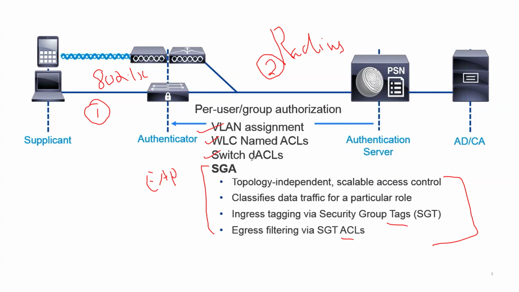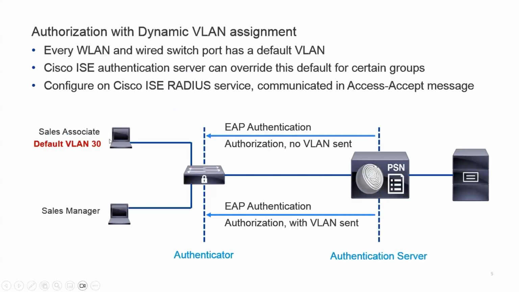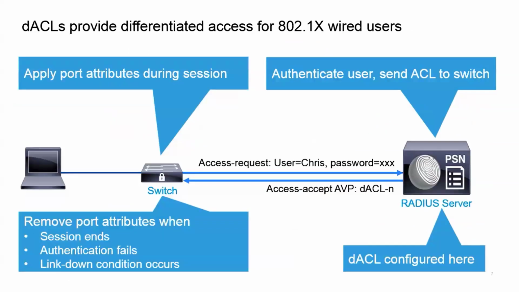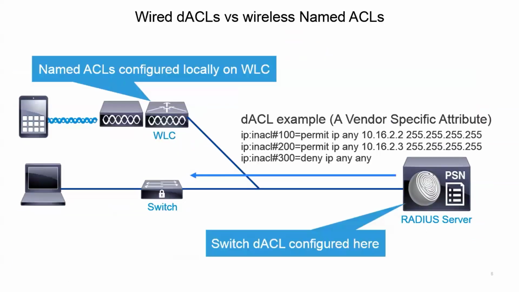All these things are happening once we have the authorization, right? So again, examples are there. More and more examples will be there, pushing the VLAN, pushing the ACLs, and in case of wireless networking also, same type of things are happening, pushing the dynamic ACLs. All those examples are there.